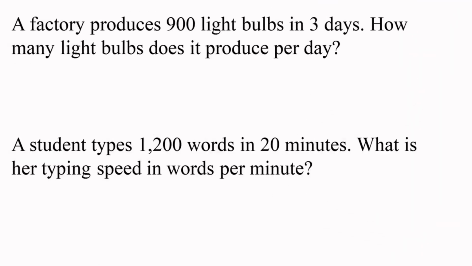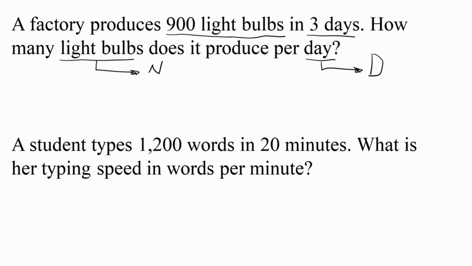Let's solve the next example. A factory produces 900 light bulbs in 3 days. How many light bulbs does it produce per day? So we want light bulbs and we want it per day. So this one will be for numerator and this one will be for denominator.